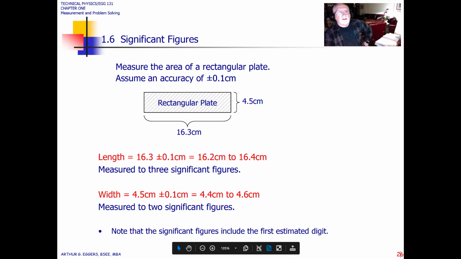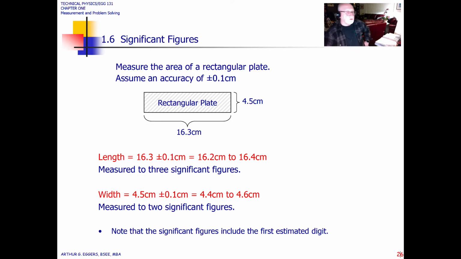So in looking at significant figures, you have to determine how many digits you have, how many figures you have both before and after the decimal point to make sure that you have the same level of accuracy in your result. So let's look at an example.